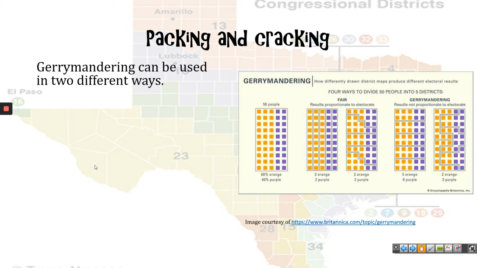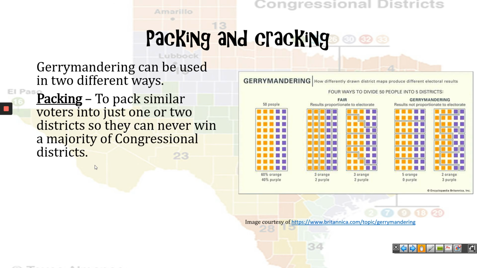We've already explained it, but now let's talk about the terminology. There are 2 ways it can be done. One, packing, remember I just used that term, where you pack similar voters into just 1 or 2 districts. And you see that in this far right.